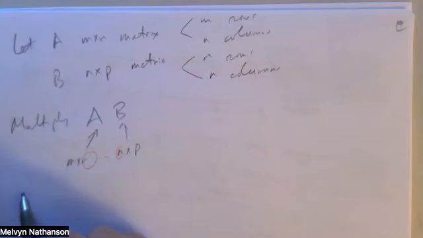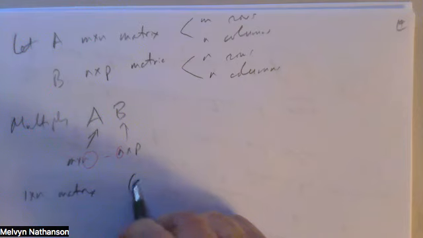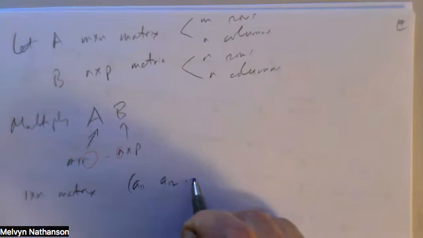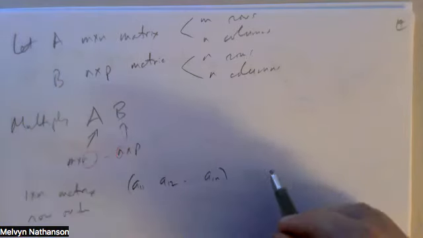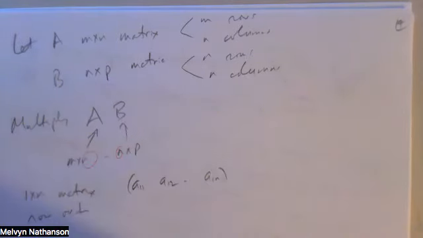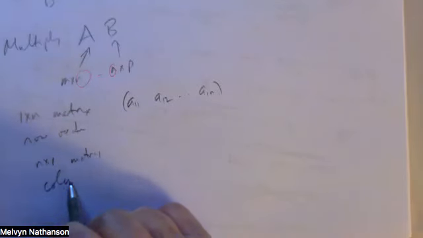Suppose I take a 1 by n matrix. What's a 1 by n matrix? It's a matrix that has one row and n columns. It's also what we would call a row vector. And suppose we take an n by 1 matrix, which is what we call a column vector.